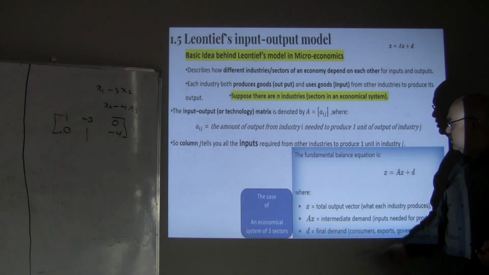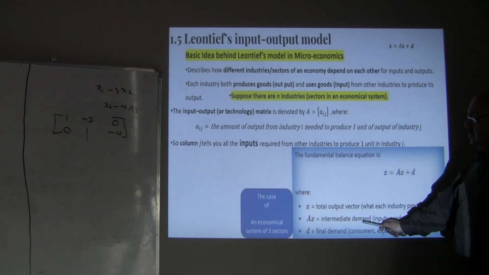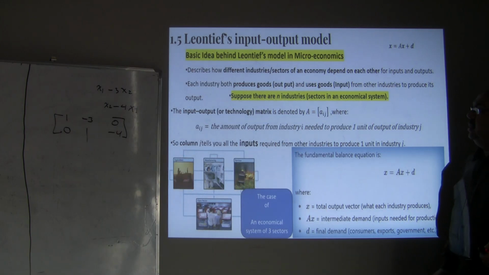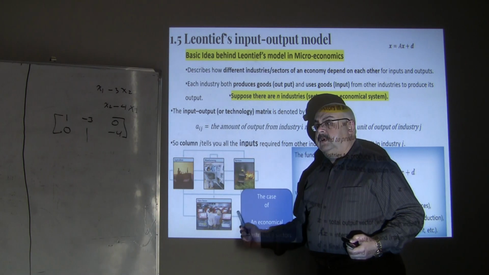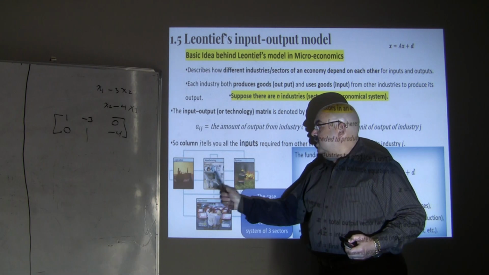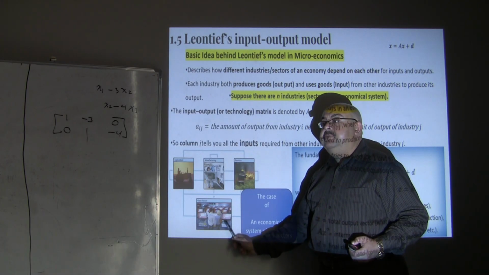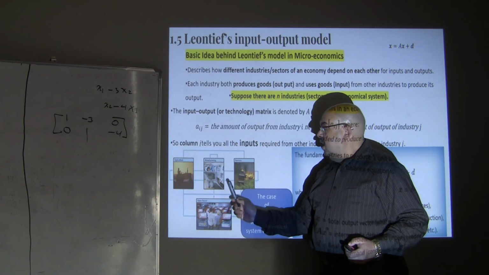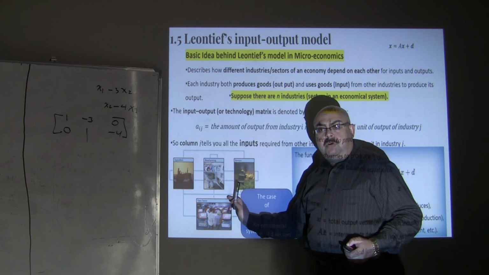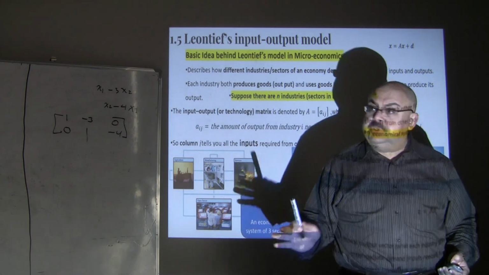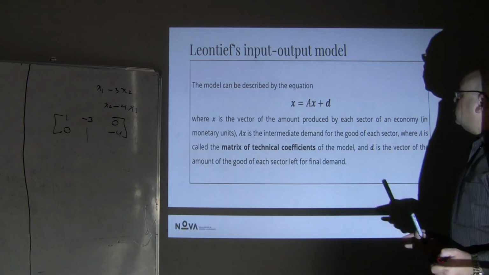Of course, the definitions: X is the production, AX is the intermediate demand, D is the final demand. If you remember, this is the model of 3 sectors, and that's the free market or the final demand. If you remember the arrows from this lecture, please do review it. It's a really very important lecture.